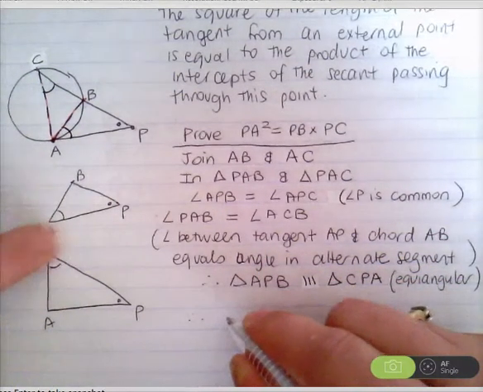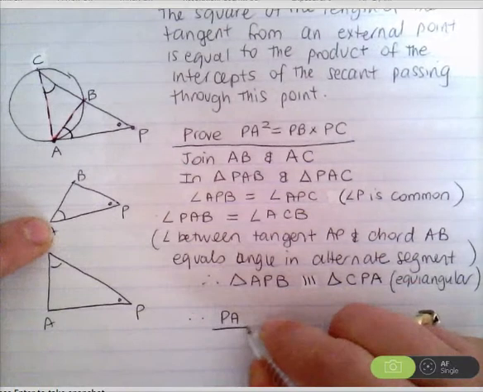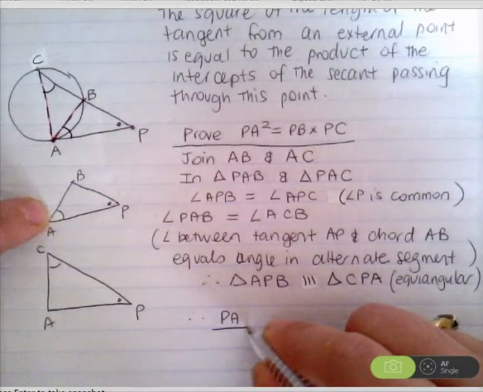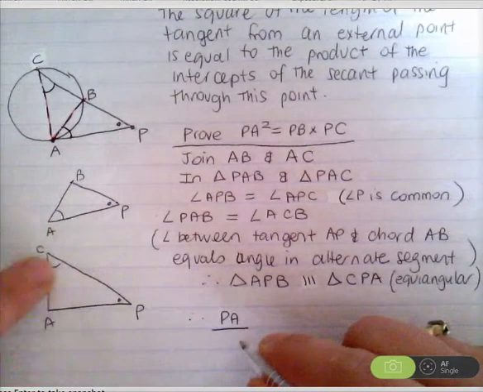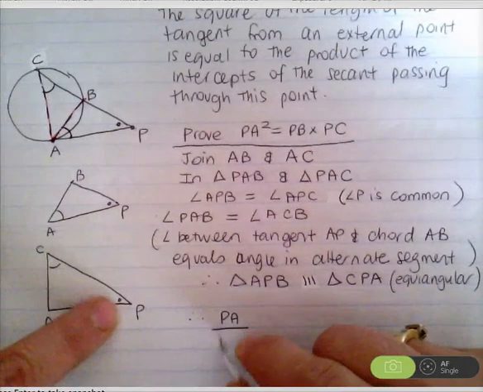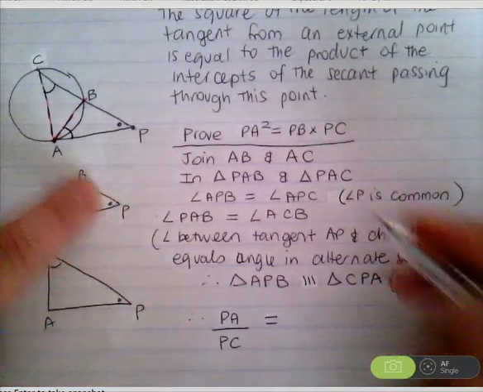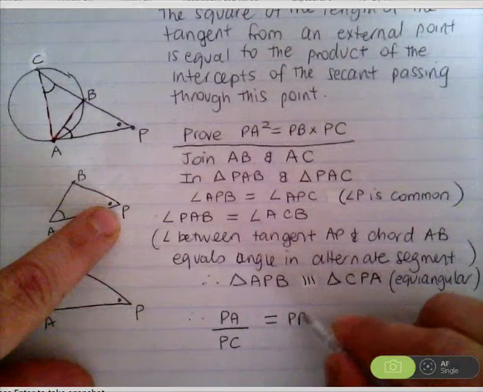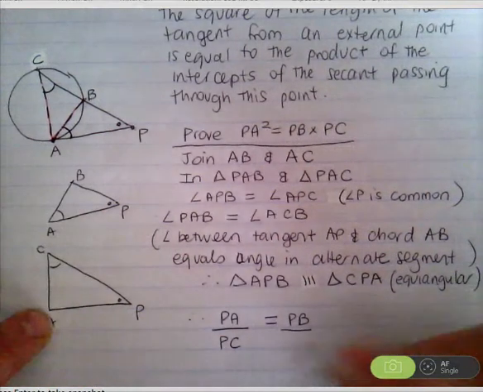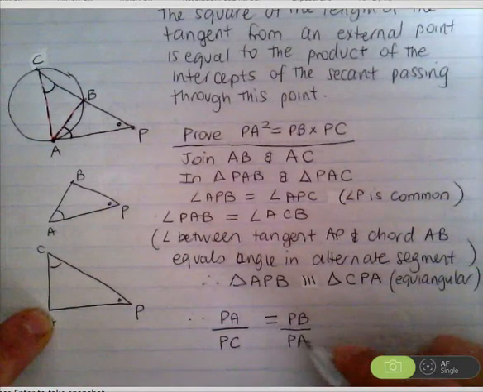So I know that in the small triangle, PA, that's dot and dot arc, matches with this one over PC, is equal to, I need PB in my proof, so it equals PB, which is dot blank, and I need dot blank here, over PA.